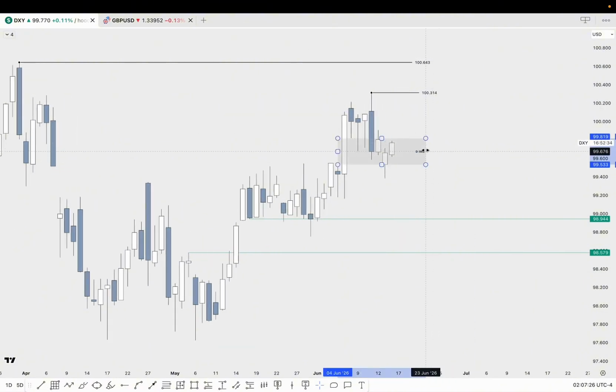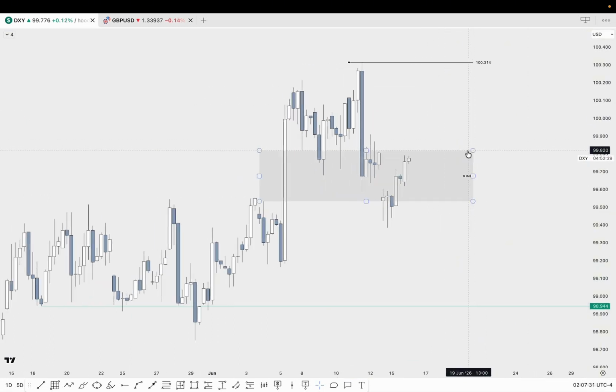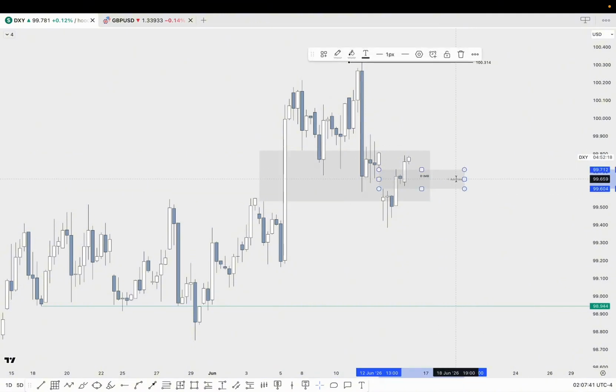on the DXY. If I go down to the 6 hours, on the 6 hours we just passed the new week opening gap here. We just inversed the new week opening gap there, where we could use that area as an area of support for higher prices.